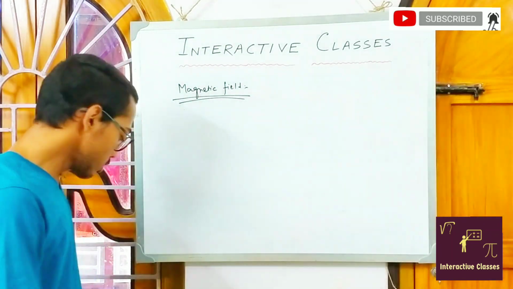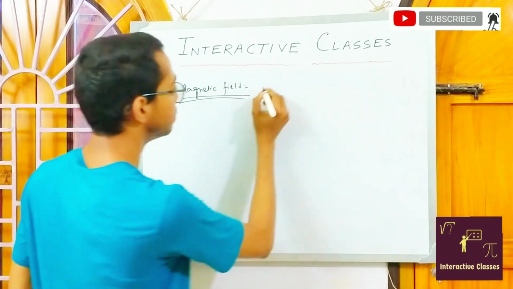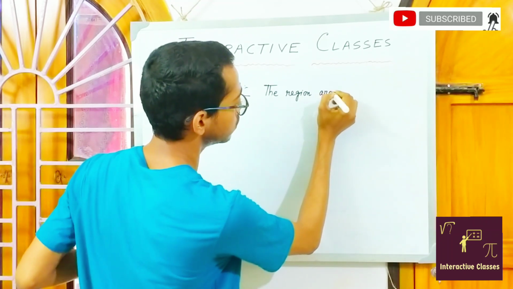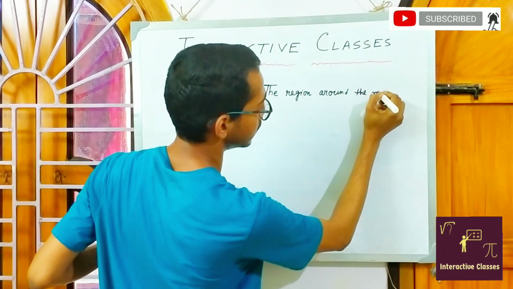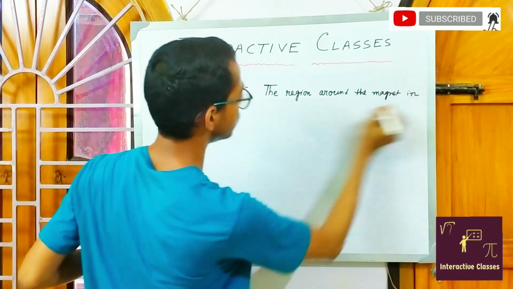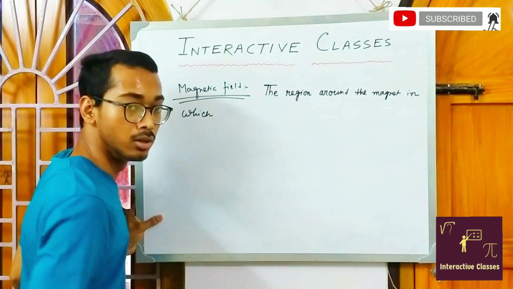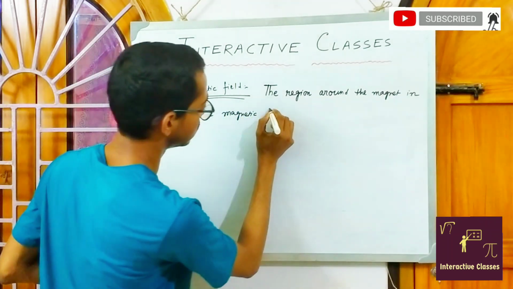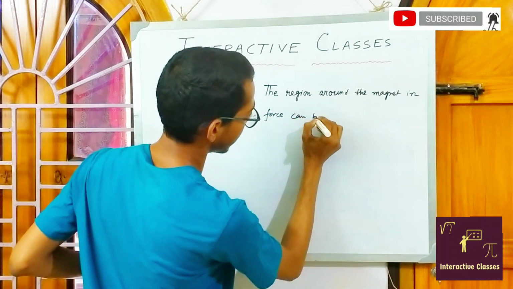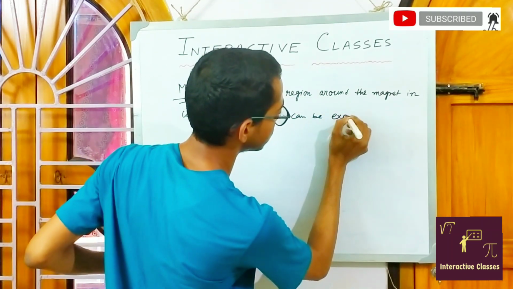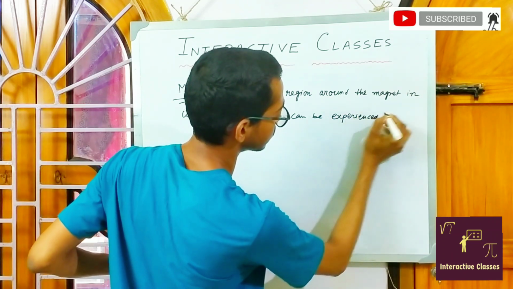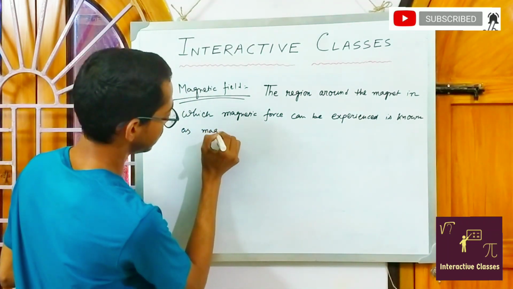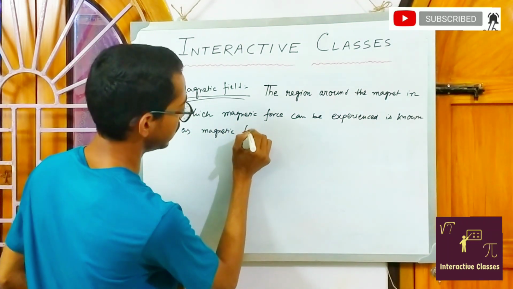Okay, now let me write down the definition. Magnetic field means the region around the magnet in which magnetic force can be experienced is known as magnetic field.